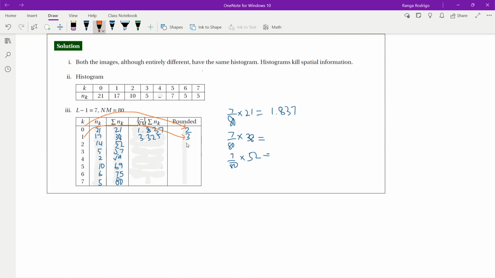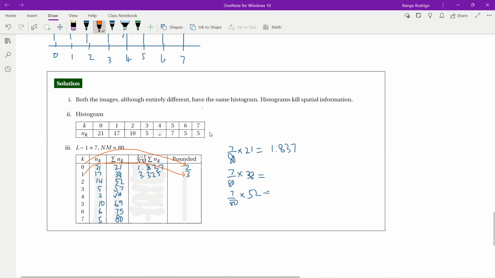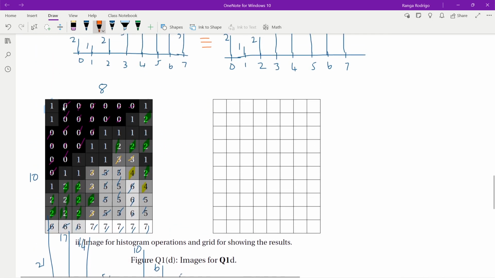So let's do exactly that. 0 means 2. So here you have 0, so you put 2 here, 2, 2, 2, and 2. There are more zeros, 2, 2, 2, 2.